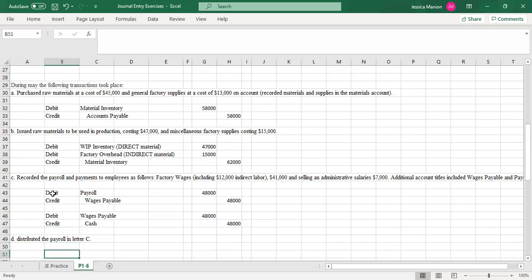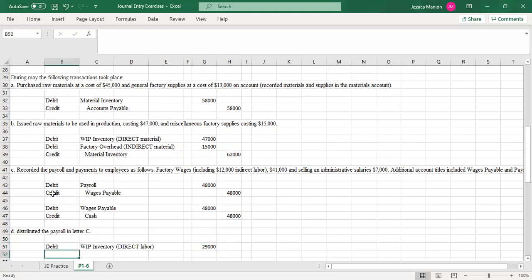So we would debit WIP inventory, work in process inventory, for the direct labor amount. And let's see, factory wages were 41,000 minus the indirect labor amount, 12,000.